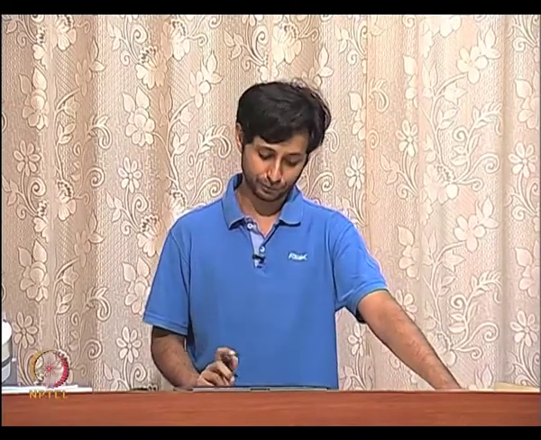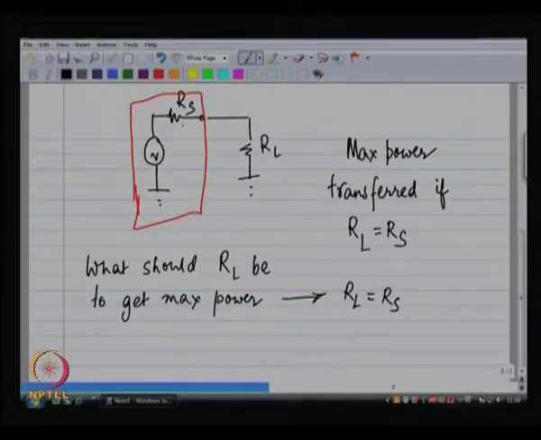If the source resistance was 0, then you can transfer whatever you want. If this resistance happens to be equal to 0, then you choose R L to be 1 ohm, or whatever you want, and that much amount of power, V squared by R L, will be transferred to the load.